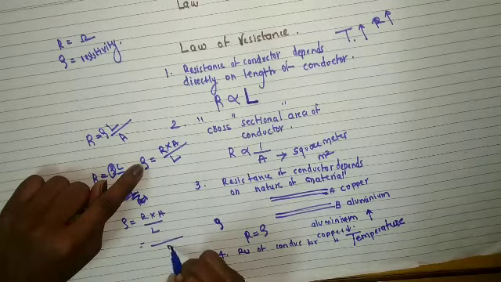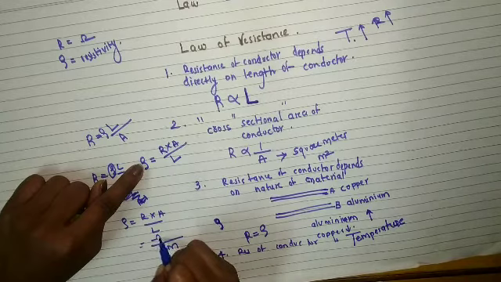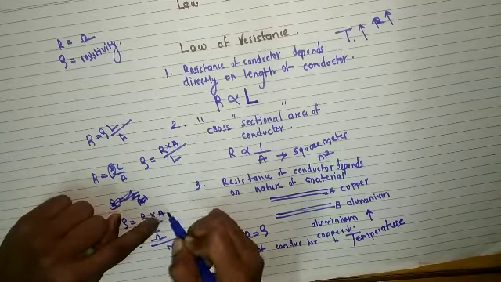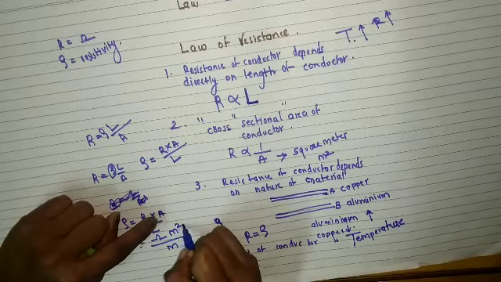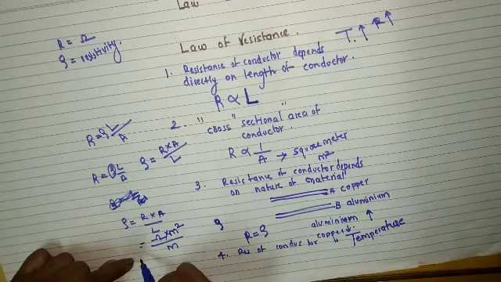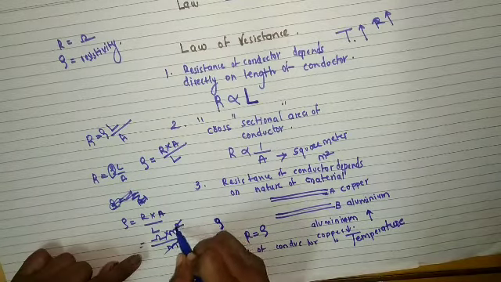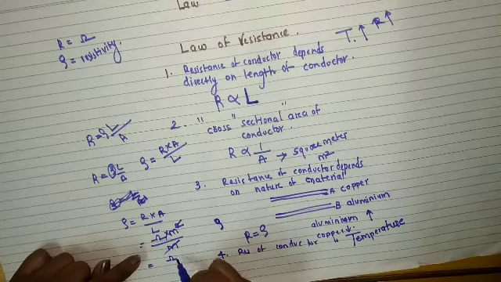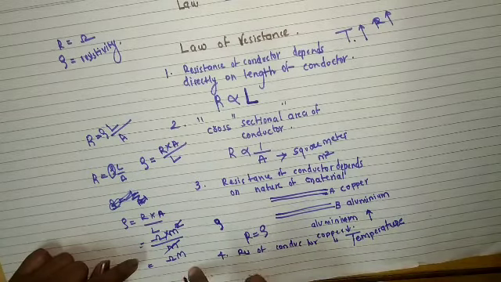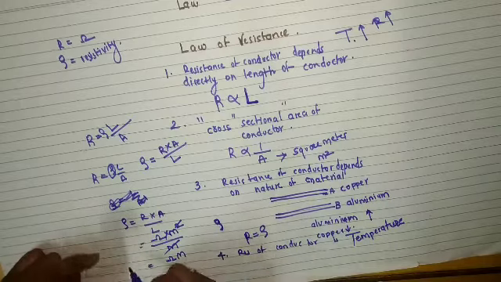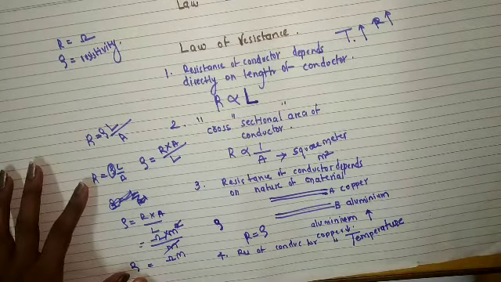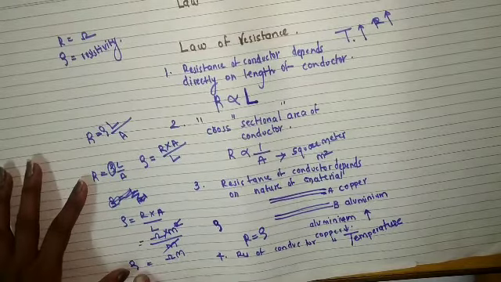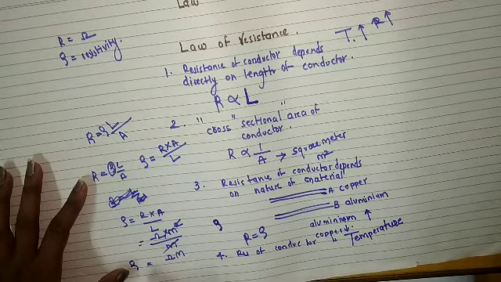Length is in meter, resistance is in ohm, and area of cross section is meter square. One m cancels, so ohm meter remains. This term is called the resistivity of the material or specific resistance, and the unit is ohm meter.